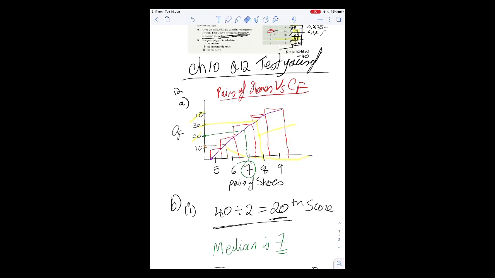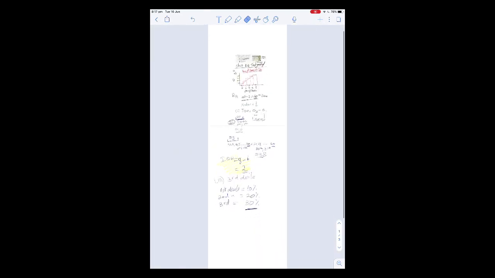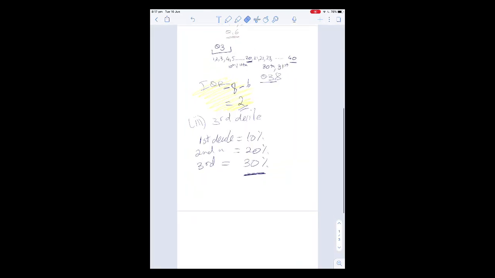So let me just delete these. I want to delete even these ones as well, so you can see a bit better. Okay, well, let's do the maths behind it first, right? 30% of the data. If you just think about it, there is your whole data. How many scores are there? 40 scores.